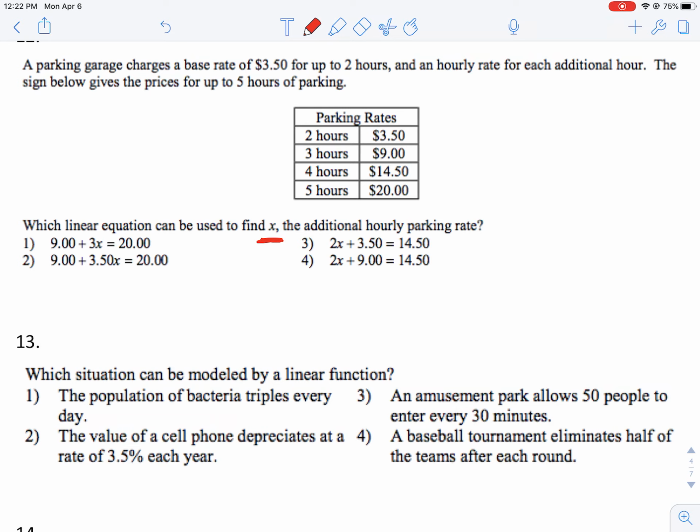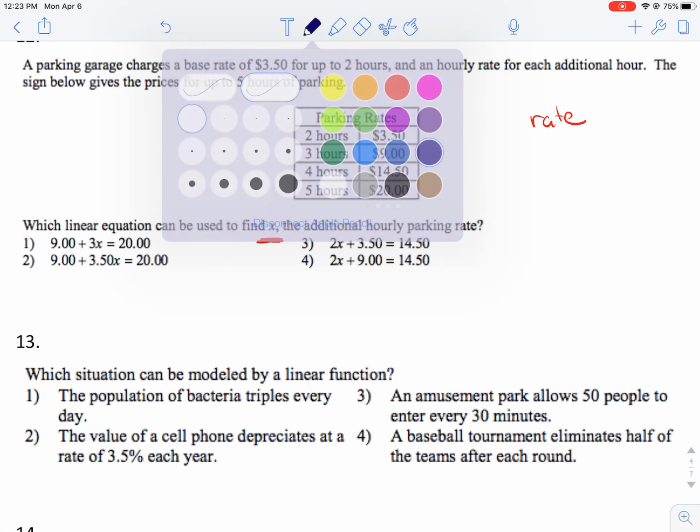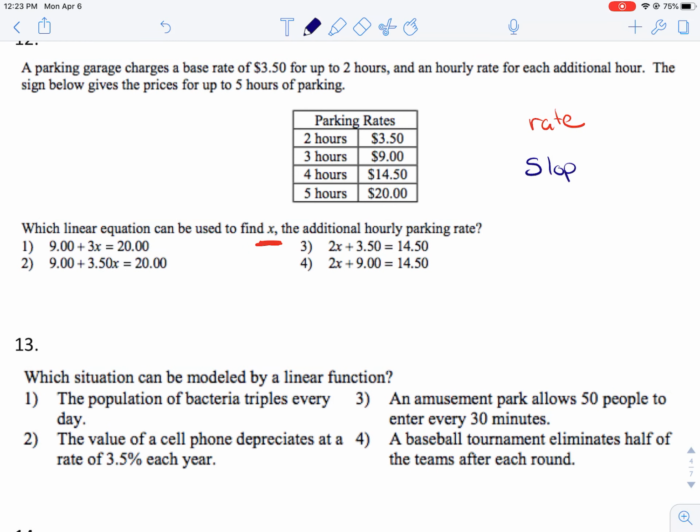rate? So x in this case isn't technically our output, right? It's our additional hourly parking rate. Now, when we're talking about rate, if you remember in the beginning, or if you've looked at the title of this week, we're talking about linear equations.